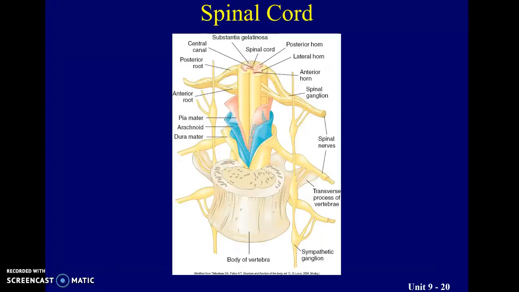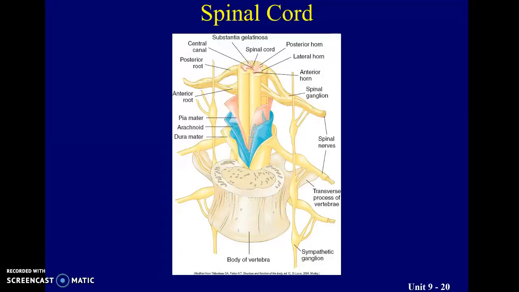The spinal cord is going to be within a foramen found within a vertebra. As we can see there, there's the body of the vertebra and the opening within it that allows the passage of the spinal cord. It's only going to be about the width of one's index finger, for example.